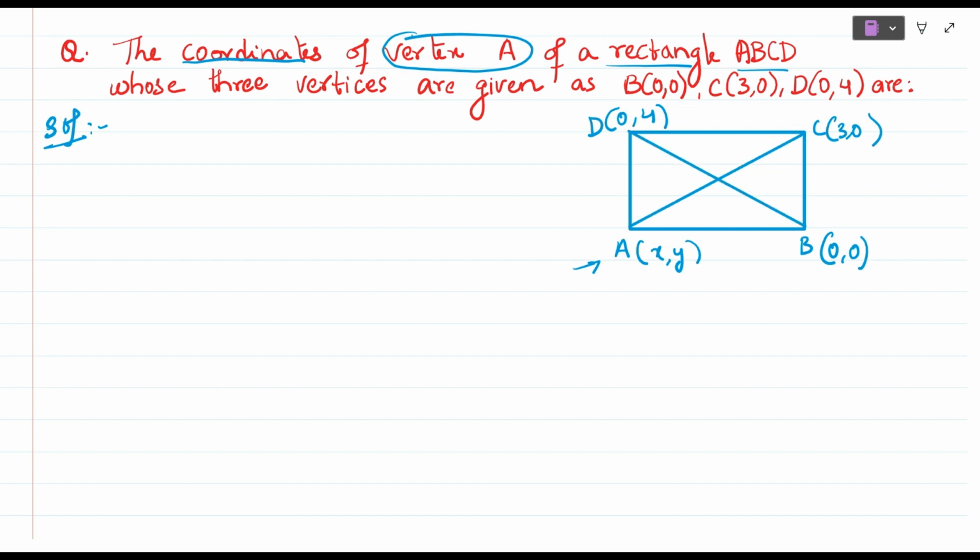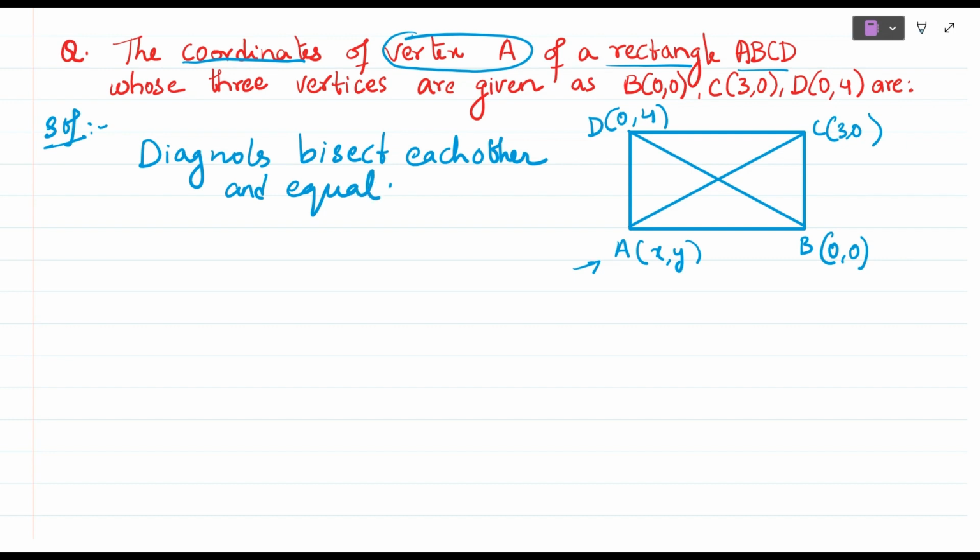Now here, diagonals bisect each other for a rectangle. You have to know the properties of a rectangle, students. Diagonals bisect each other, and also diagonals are equal for a rectangle.